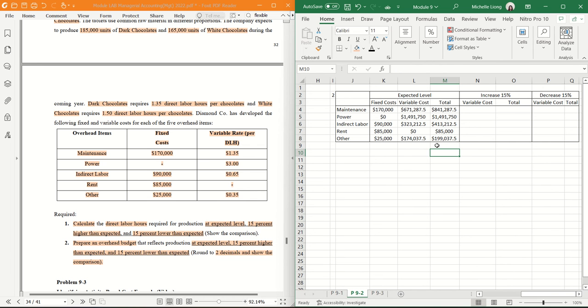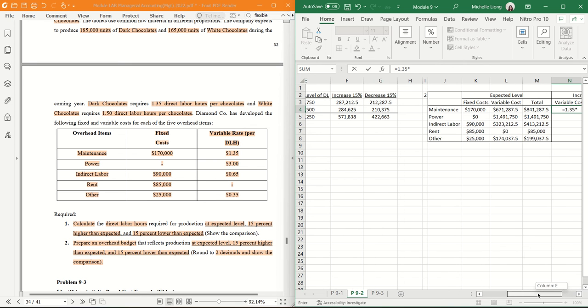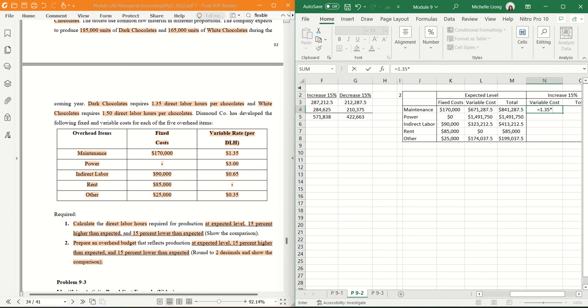Okay, so let's go to the increase 15%. It's still the same, the variable cost is 1.35. But the difference is you are going to take the amount from the increase 15% table, the total. Just take it and drag it down. Oh, sorry, the amount is different. So I just copy paste this one and multiply it by the increase one, each by the increase one.